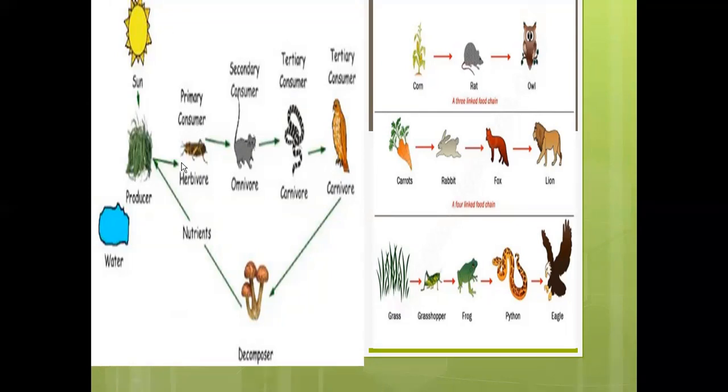So this figure illustrates one example of a food web, showing energy transferred from the sun to the plant, to another animal, to other plants, to other organisms. So you must make differences between food chain and food web, between the simple figure on the right side and this complex example that illustrates energy flow.